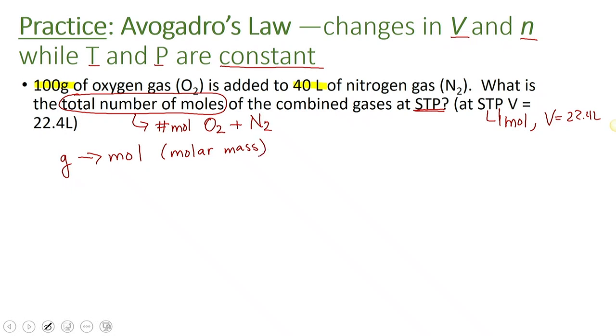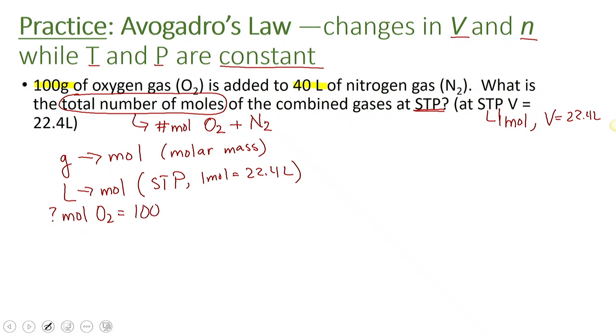And we want to go from liters to moles, then we'll use the information from STP, where our 1 mole is equal to 22.4 liters. Okay? All right, so how many moles of oxygen gas do I have?